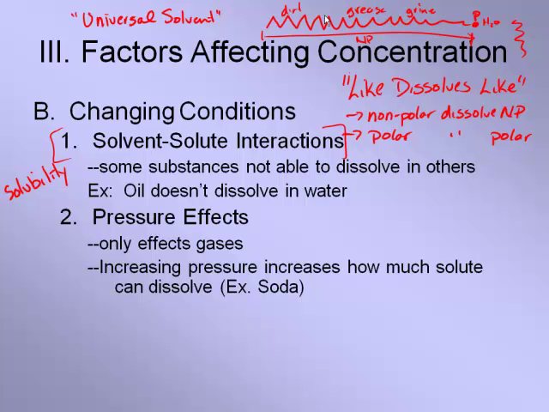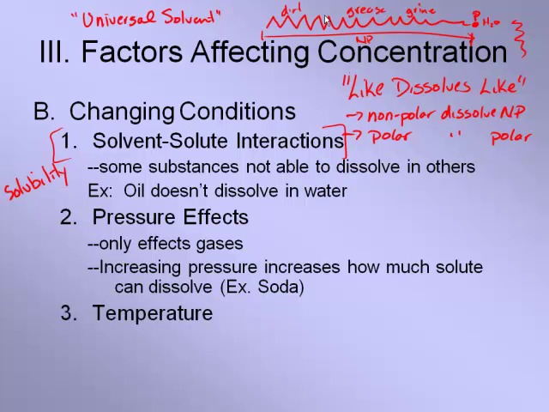Carbon dioxide does not like to dissolve in water, but if you pressurize it, it will, because you force the molecules to bump into the liquid. Think about soda. The first time you open the cap, you hear that sound. That's the pressure being released, and as soon as you release that pressure, bubbles come rushing to the surface. There were no bubbles there before you opened the lid, but now there are bubbles after you open the lid. And that's because the pressure is released and the carbon dioxide no longer can be dissolved.